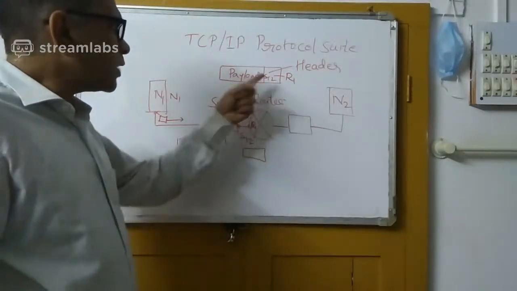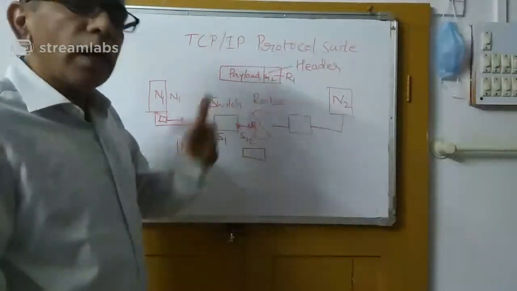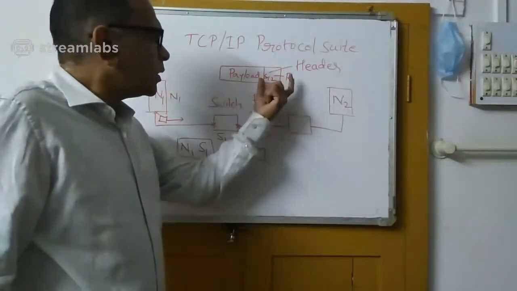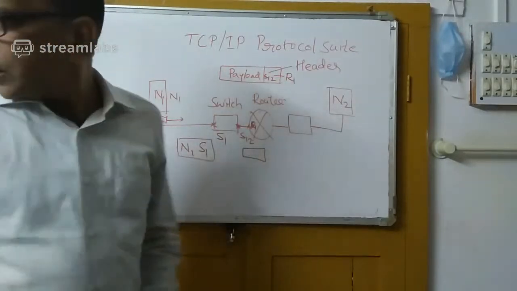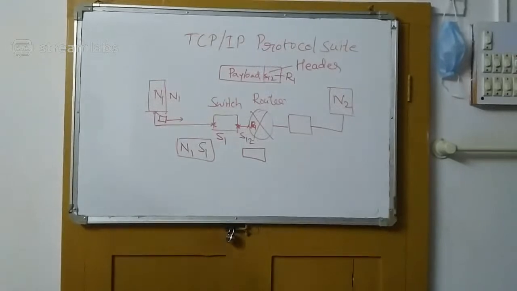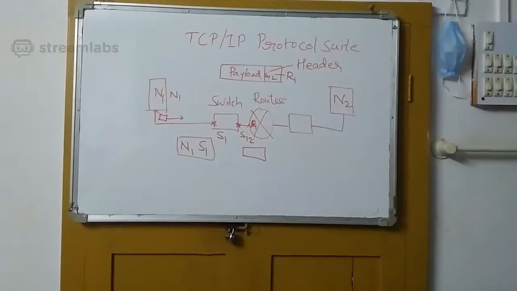Earlier the physical address was N1 and S1, and when it starts moving from this end to this end, the address gets changed to S12 and R1. When it comes to the next hop, the physical address changes again. The new address I am going to call R12.